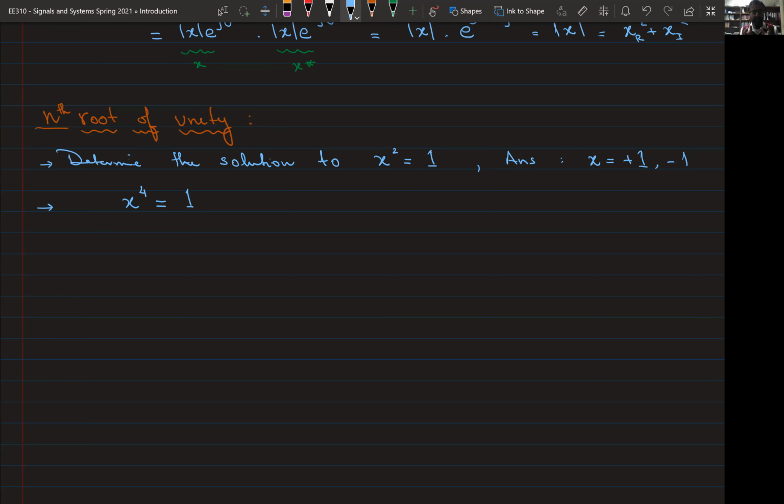What I want to give you is a generalized framework which would apply to any n, whether this was 4 or 6 or 10 or 100 or 1000. As long as this was an integer, I would want to give you that generalized framework which would allow you to determine the solution. And that's what I meant by the nth root of unity.